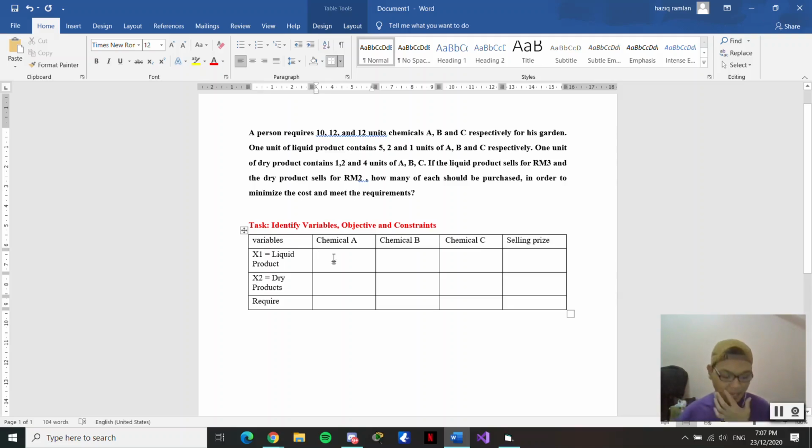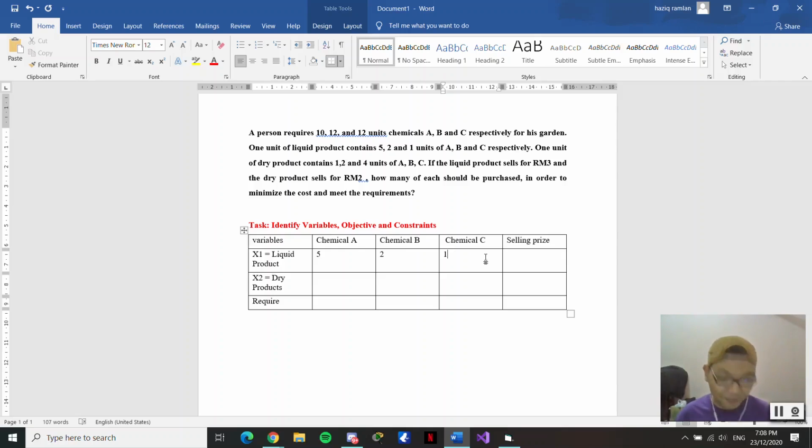So for chemical A, B, and C, it says 1 unit of liquid product contains 5, 2, and 1, which means we have chemical A for 5, chemical B for 2, and chemical C for 1.